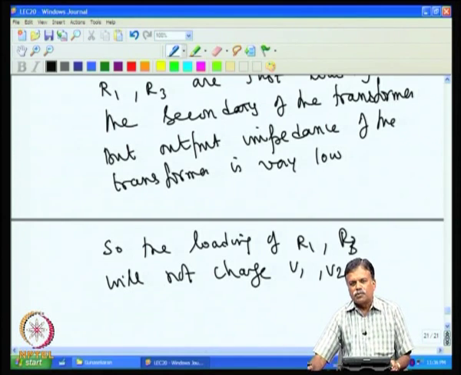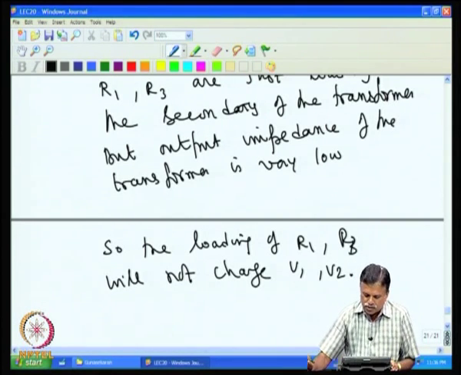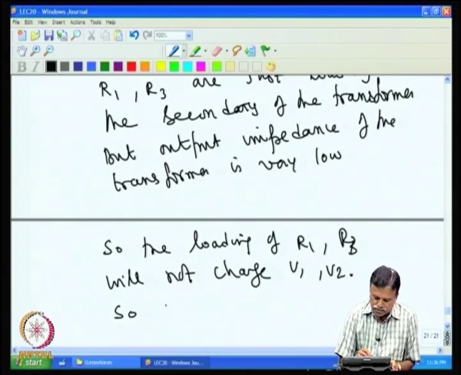So, the secondary voltages are not getting affected by the loading. So, there is no effect on the balance of the bridge.